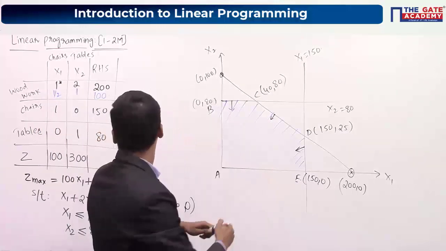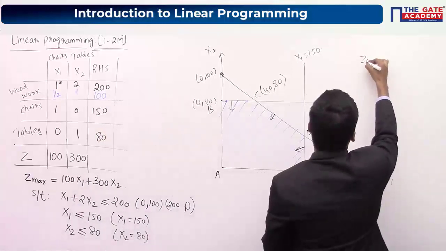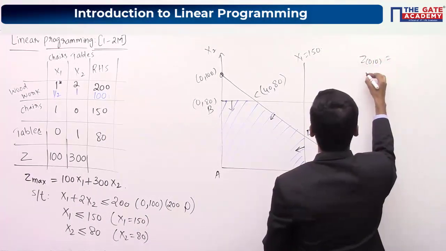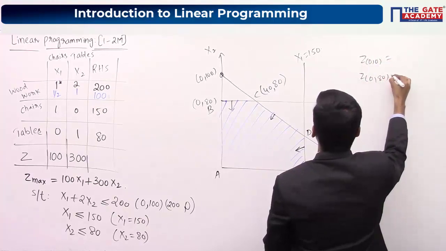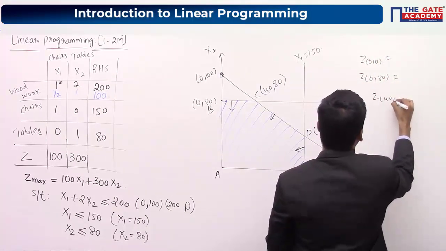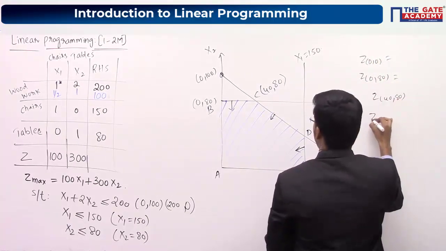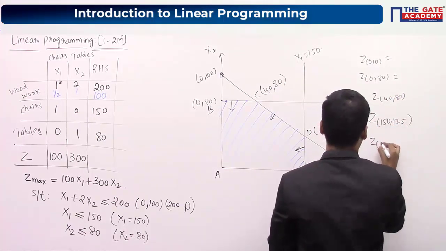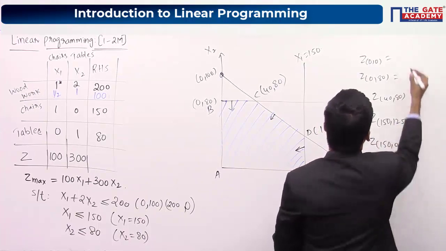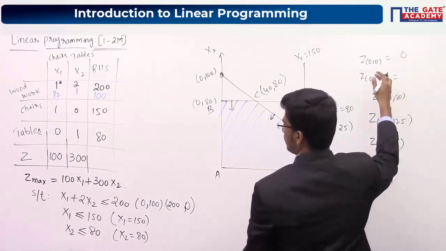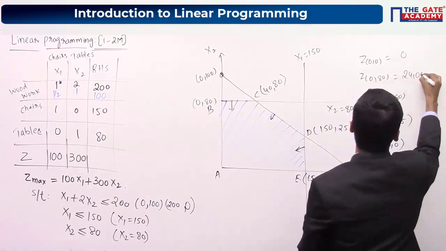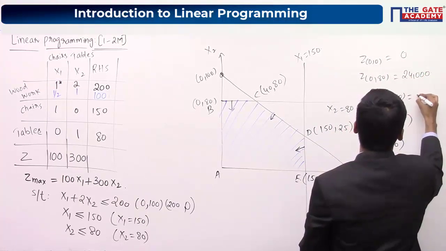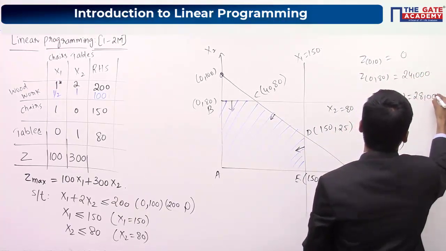So next simple thing. Just evaluate the z value at 0, 0; 0, 80; 40, 80; 150, 25; and 150, 0. So this is 0, 24,000 I guess, and at 40, 80 I think you are getting 28,000.